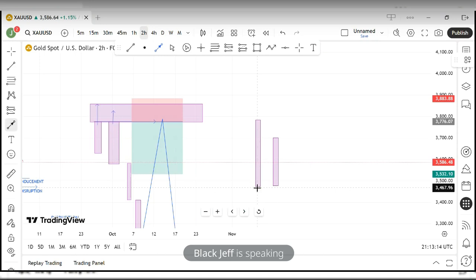So we have this here as a support key level, and the market keeps moving up.